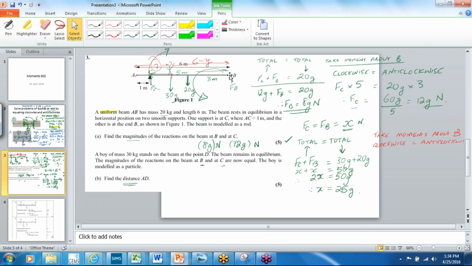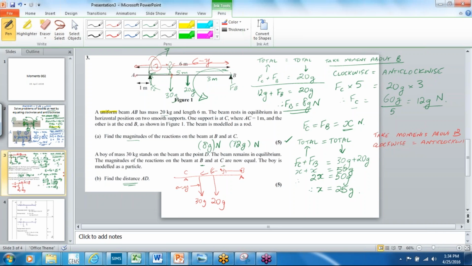Clockwise. So I'll do that diagram again. It's getting very busy. Just do a quick sketch here. B, 20G, 30G, y, and 6 minus y.